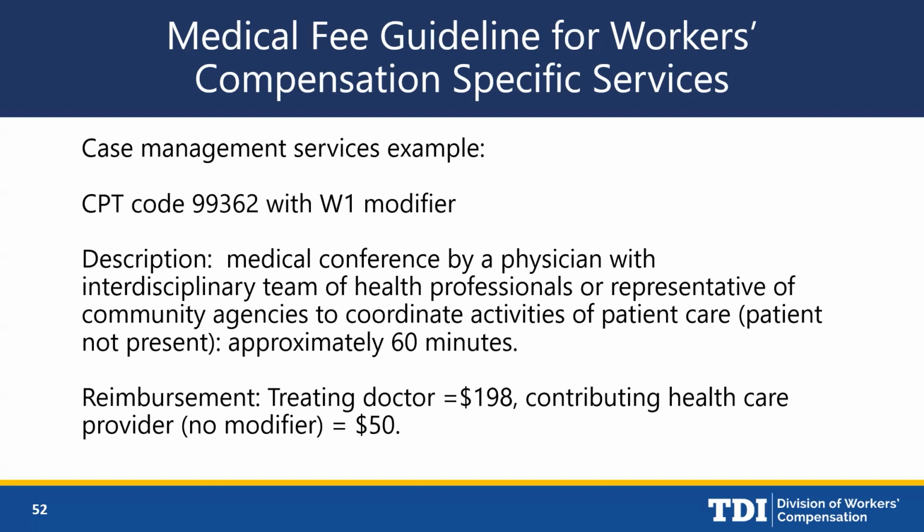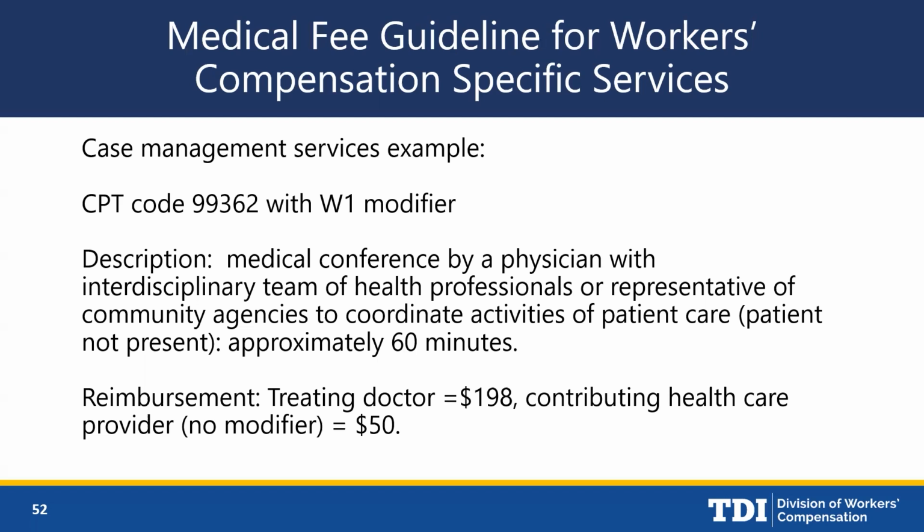The reimbursement for your treating doctor would be 99362 W1. You would get $198. That amount is not subject to increases over the years. It is static. It is in the fee guideline and named. The contributing healthcare provider can get $50, and there's no modifier for the contributing healthcare provider. So that's just one example of what's out there available to you.